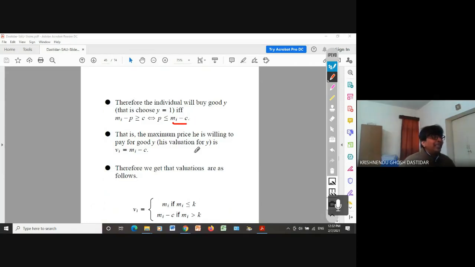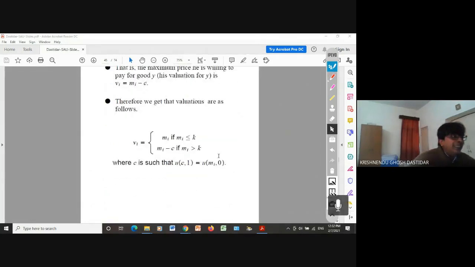Essentially, it means that the maximum price I'm willing to pay for the object is this. So that's how we have come to this valuation function. Valuation is nothing but the maximum willingness to pay for it. When your income is less than K, your maximum willingness to pay for it is equal to M_i.